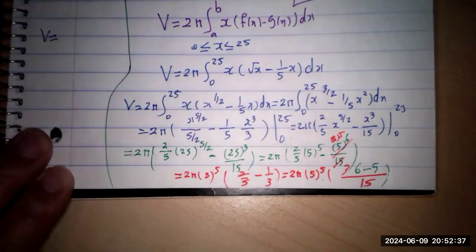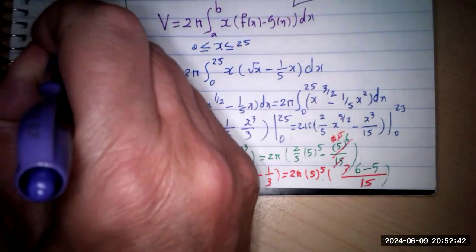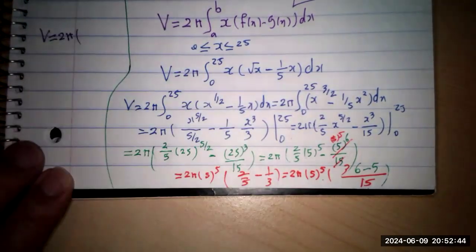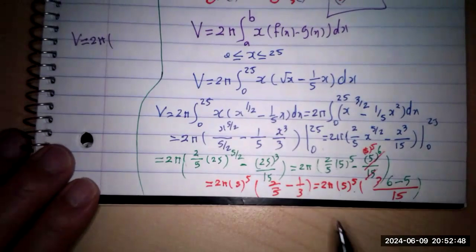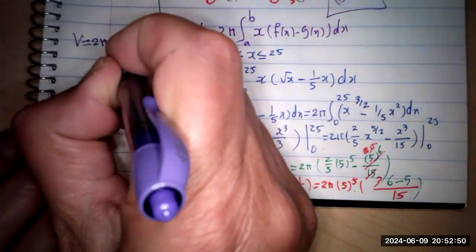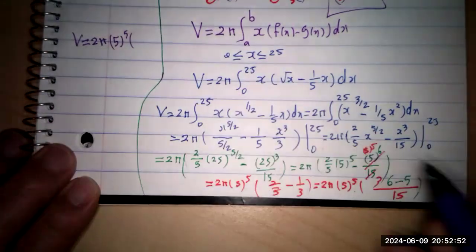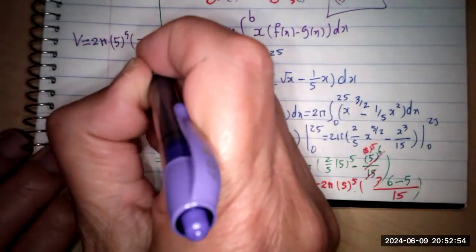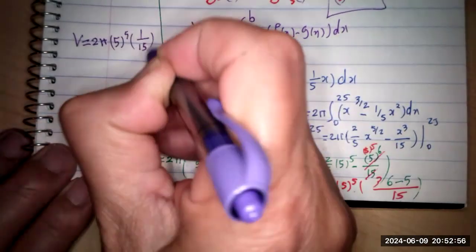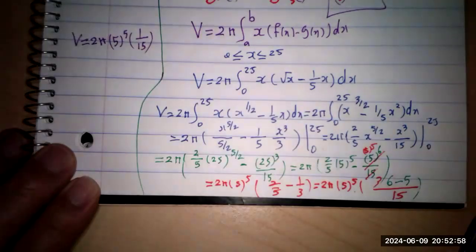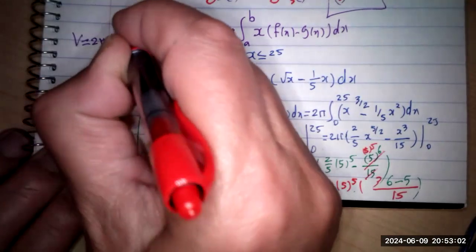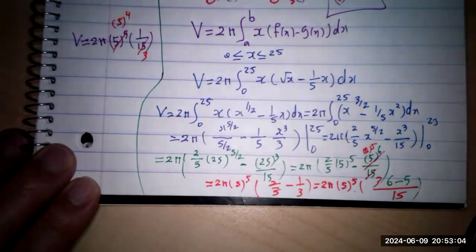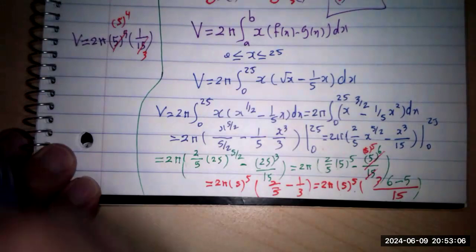V is equal to 2 pi times 5 to the 5th, and inside I get 1 over 15. So one of these 5s and the 15 would cancel, that gives me 3, and that gives me 5 to the 4th. 5 to the 4th would be 625.